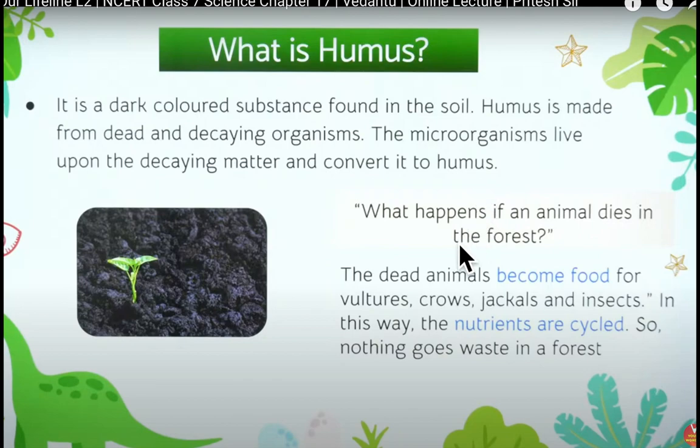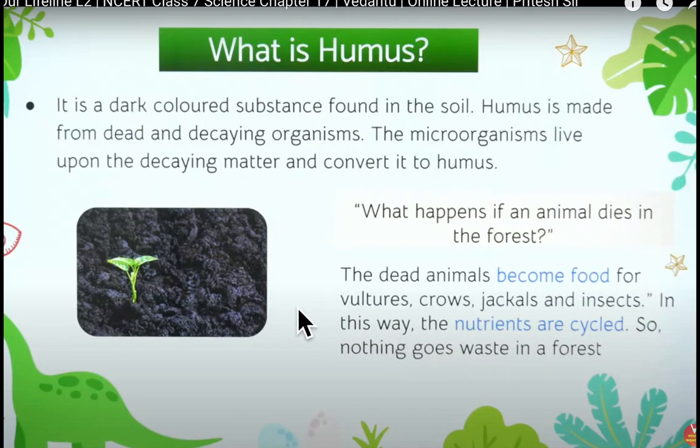Now, what happens if an animal dies in the forest? So, the dead animals become the food for the others. They become the food for vultures, crows, jackals, and insects. In this way, the nutrients are cycled.